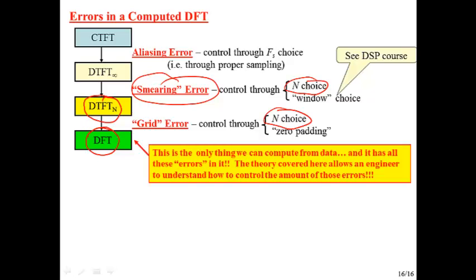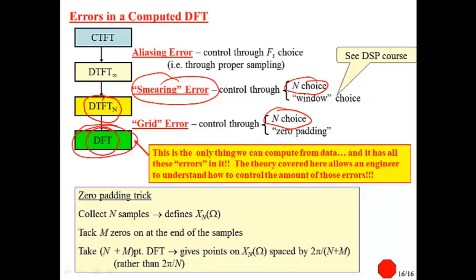So this is the only thing that we can compute, and if we have attended to all of these errors, hopefully by looking at that DFT we can get a good idea of what the CTFT sort of looks like. And if we haven't addressed all these errors, we can make some mistakes, and that can be costly.